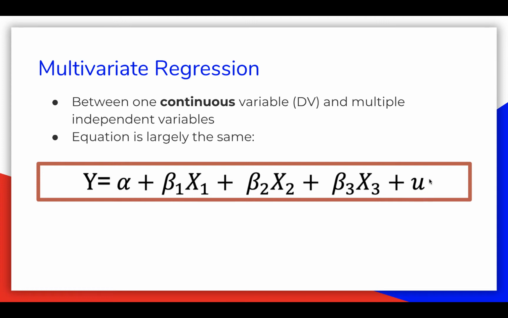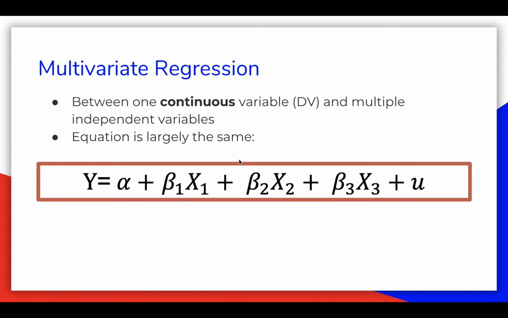And then finally, this little u here, that is our error term. So that's just everything that we don't end up explaining in our model, right? So before, we just had alpha plus beta 1 x1 plus the error term, and we didn't have this beta 2 x2 and this beta 3 x3. It was bivariate.